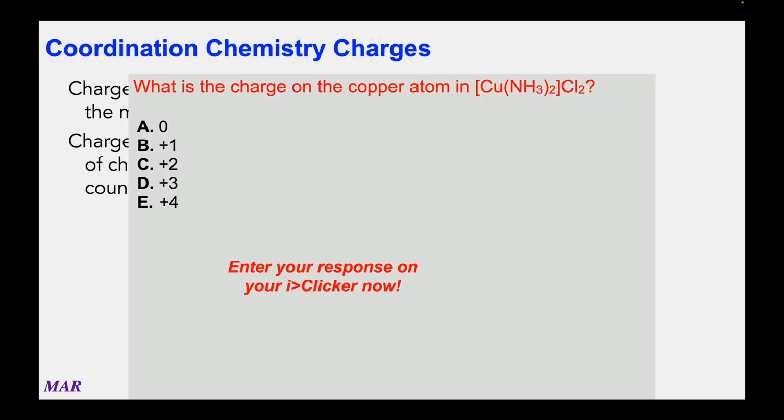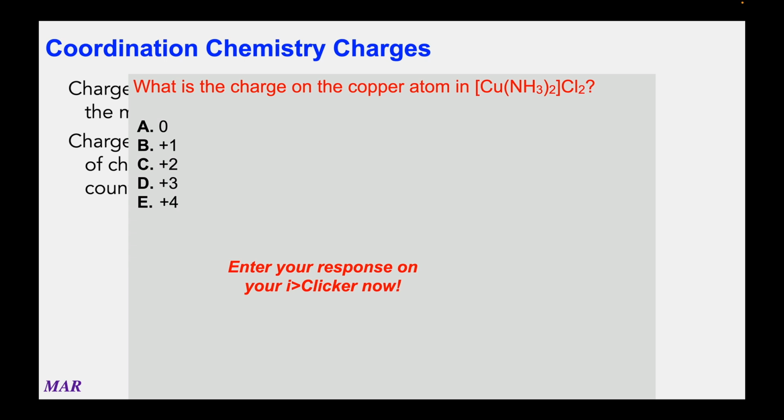So here's a question you might see. It says, what is the charge on the copper atom in this Cu(NH3)2Cl2 compound? All right, no problem. Well, once again, ammonia is neutral. It has no charge. It doesn't have any positive or negative, so we can ignore it essentially. We have copper, but we don't know what its charge is. But we also have two chlorides.